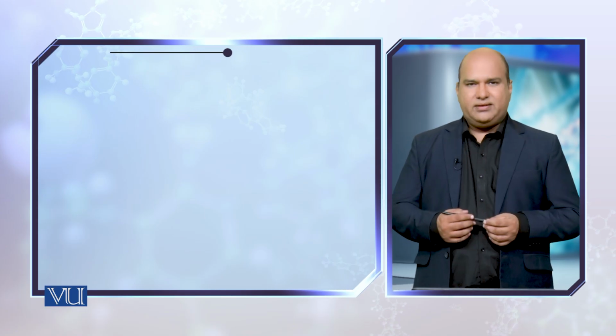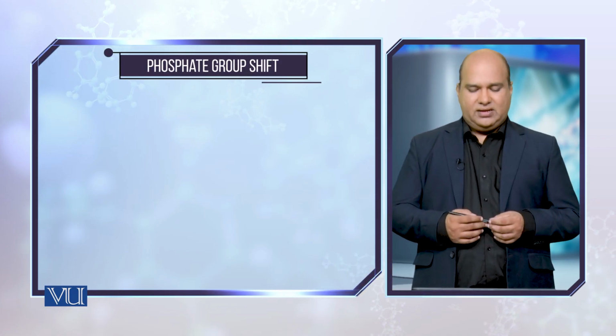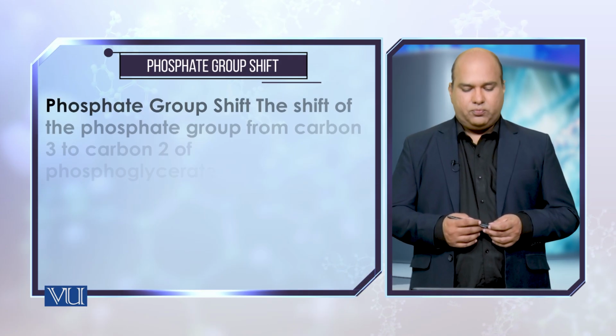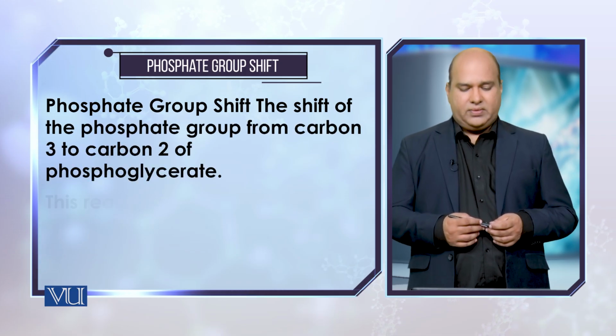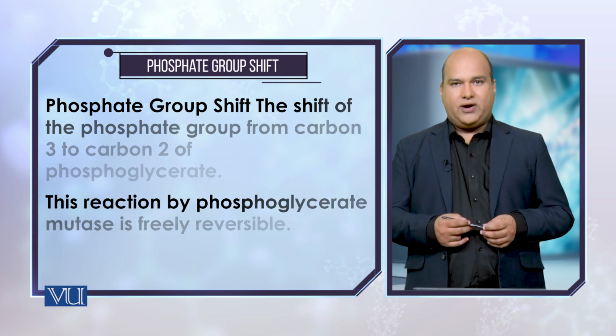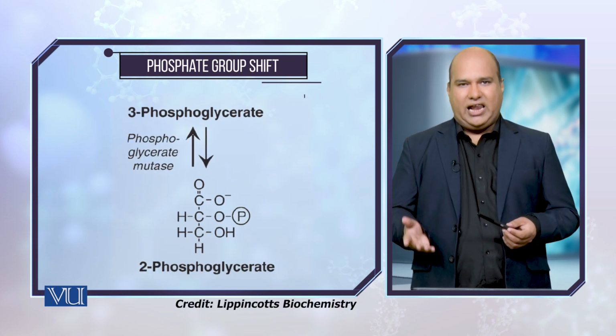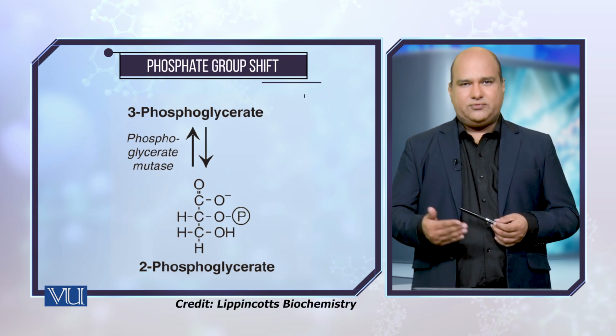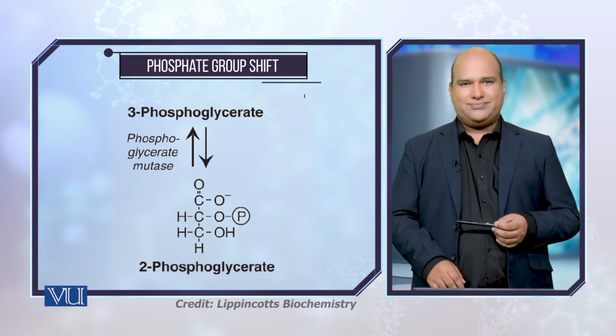Then in a very simple reaction, the phosphate group is moved from carbon number 3 to 2 to form 2-phosphoglycerate. It helps in the reactions which proceed from now onwards.